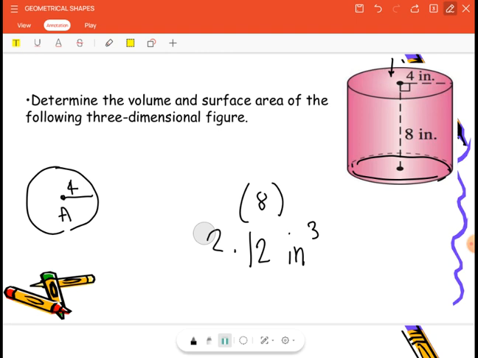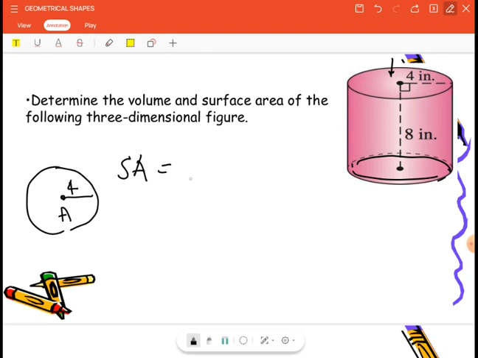Yung formula ng surface area is equals to SA is equals to 2 pi RH, diba? Plus 2 pi r squared. So, yan yung formula ng surface area natin.